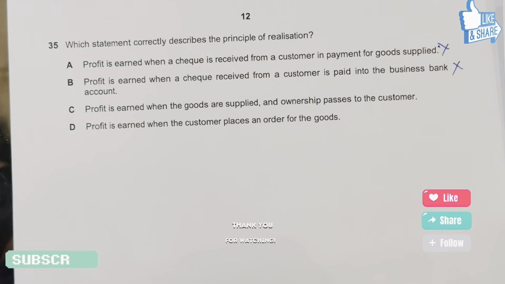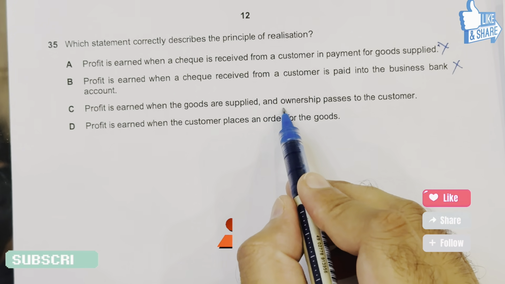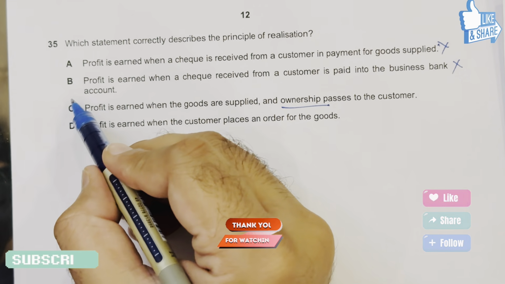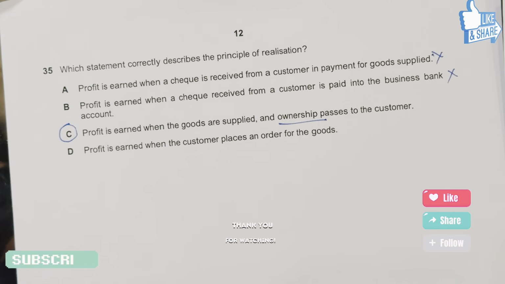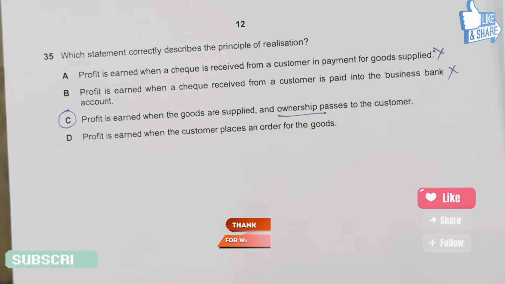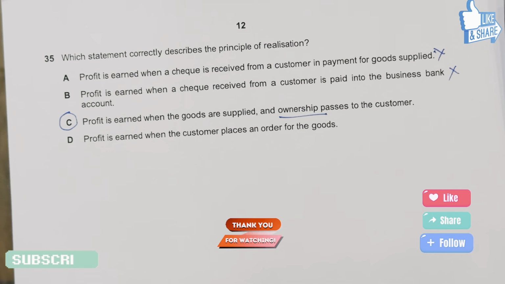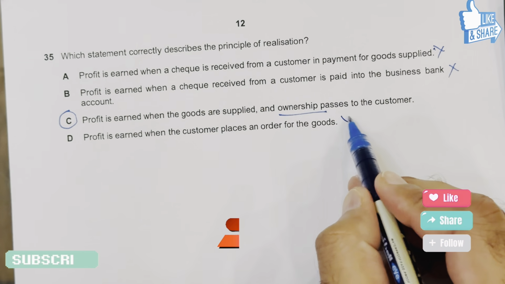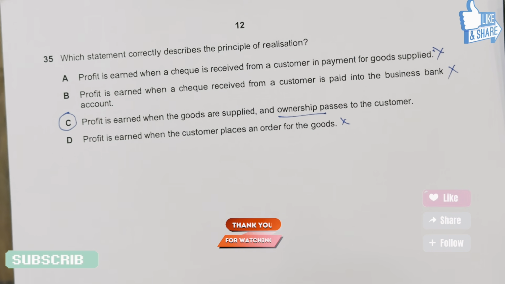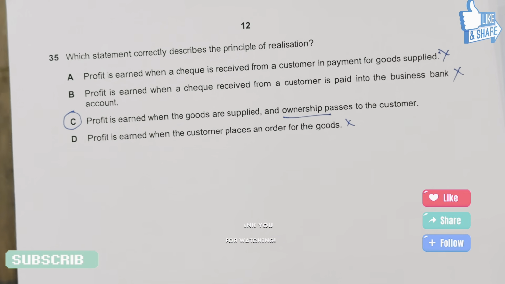Option number B is also wrong. Profit is earned when the goods are supplied and ownership passes. Yes, this is the right choice because ownership passes to the customer. So option number C is the right choice. Option number D, profit is earned when the customer places an order. No, the customer may cancel the order, so no profits are made. So option number C is the right choice.